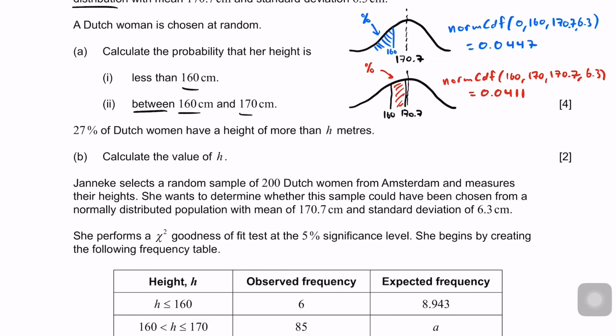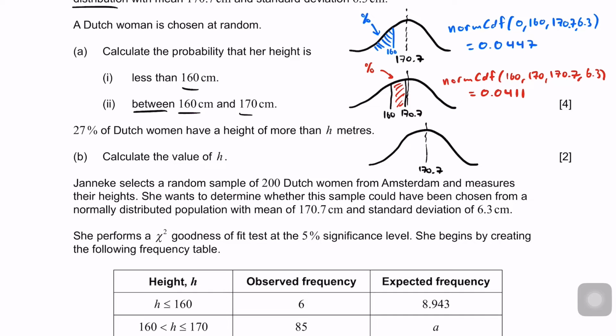So I'm going to draw another diagram just to show what this looks like. So here is our normal curve once again, and we'll center it at 170.7. And they're telling us that 27% of Dutch women have a height more than h. So this is the 50% line, this symmetrical line which divides the population in half.